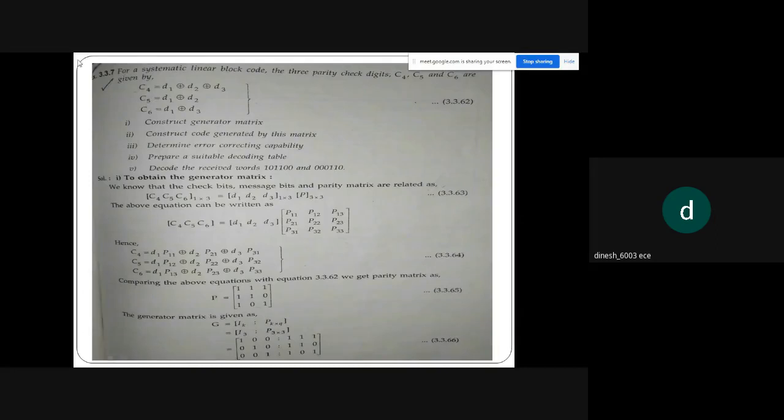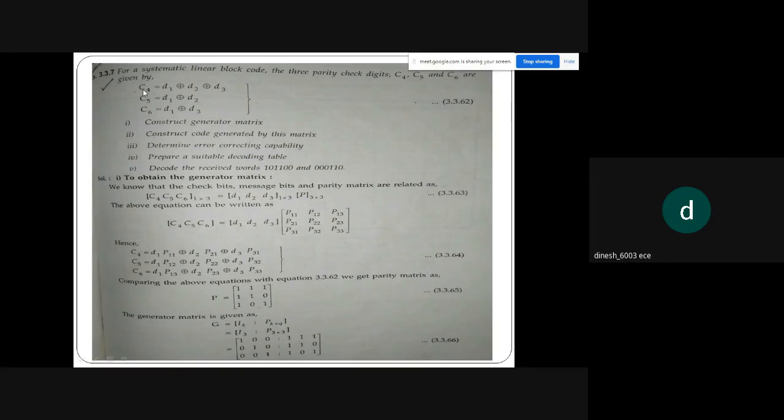And they are given specifically that the check bits are C4, C5 and C6. So out of these 6 bits, the last 3, C4, C5, C6, are your check bits, and the first 3 bits are your data bits or your information.